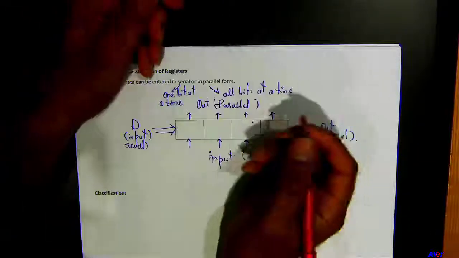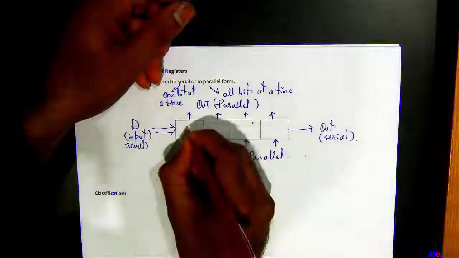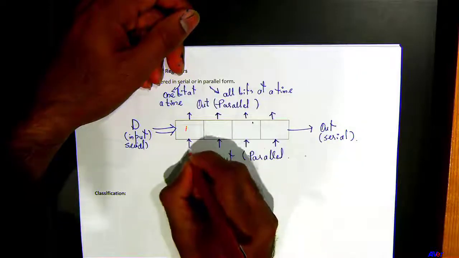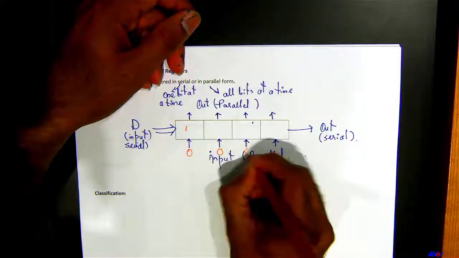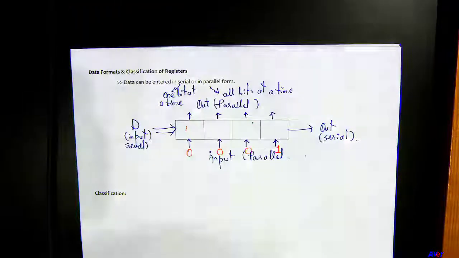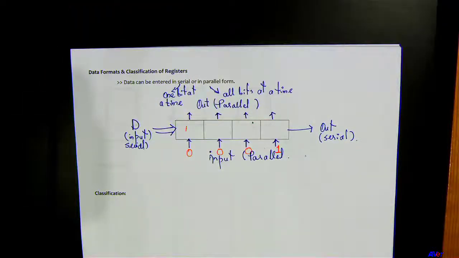So say you have at the input 0 0 0 1. What would be the parallel output to this? Parallel means taking all bits at one time.